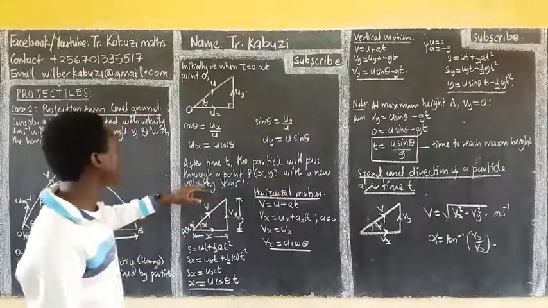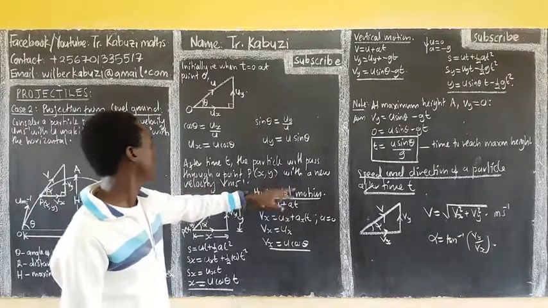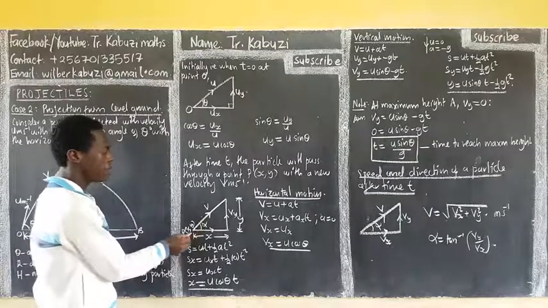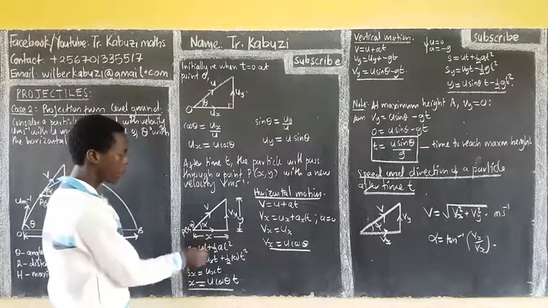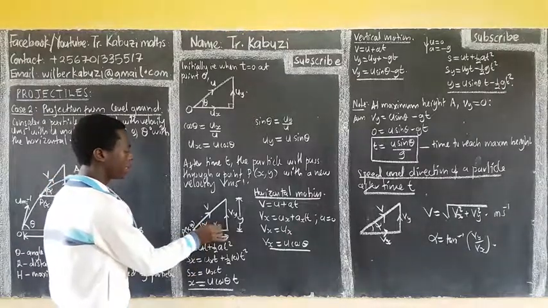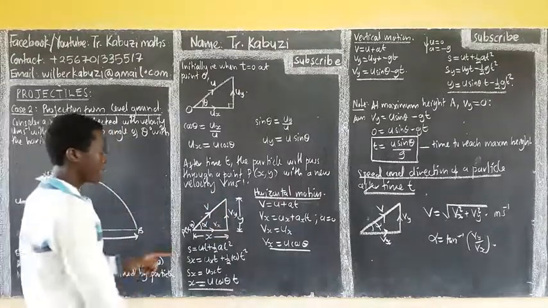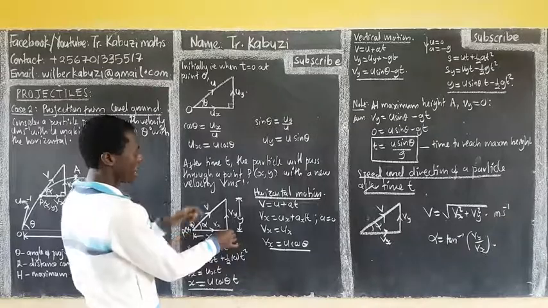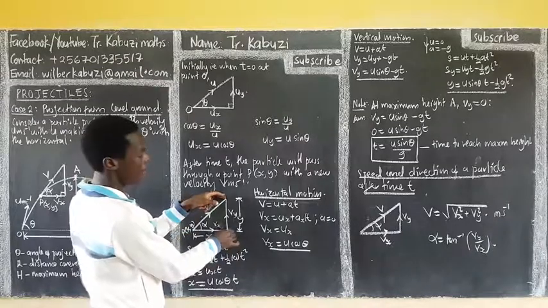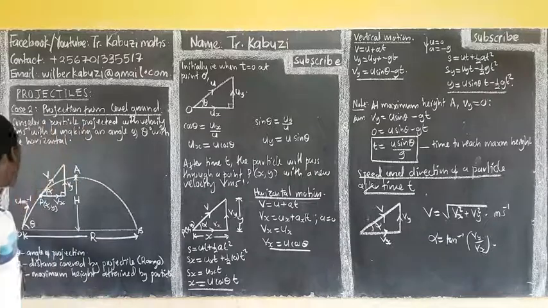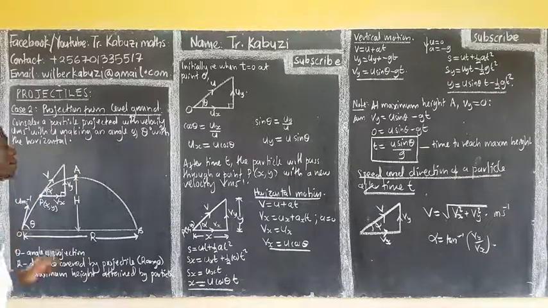This particle will pass through a point P with a new velocity v meters per second. Now, if you have v, we also resolve it into the x component and the y component. This one is going to be our x and this one is going to be our y, the vertical component there.